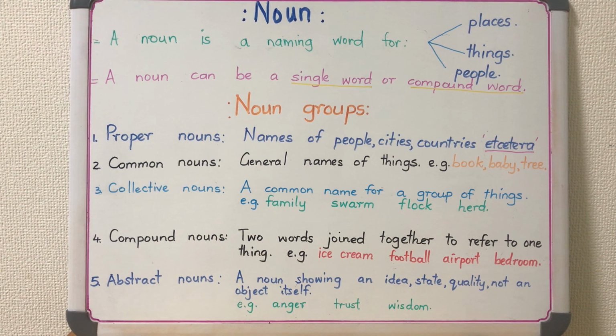So it fits into those idea, state, or quality, right? I've come up with just a few examples under abstract nouns. Anger, you can't touch anger, right? It's something that you can feel maybe from the way someone is talking that I'm sure they are angry, right?